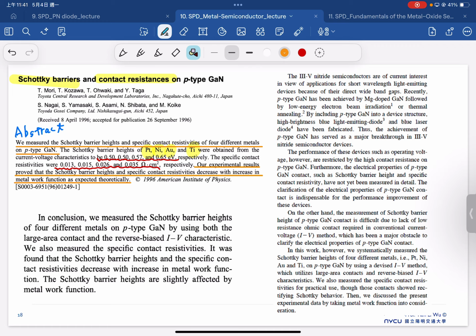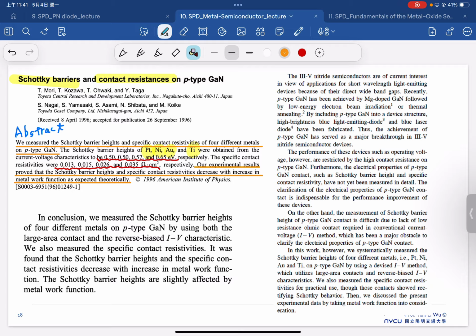This is very interesting because this is 1996, but for silicon, the theory of the Schottky barrier height and contact resistance had already been demonstrated several decades ago. So in the end, this paper just confirmed that contact resistance decreases with increase of metal work function. That is exactly what we learned from the textbook, as expected theoretically.